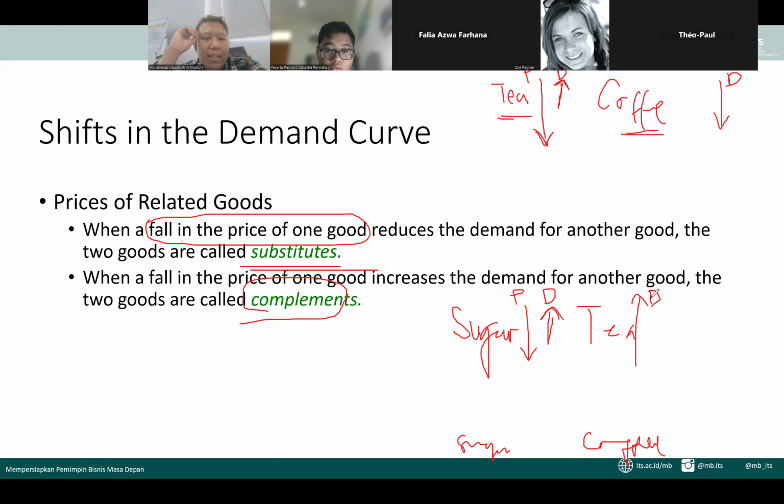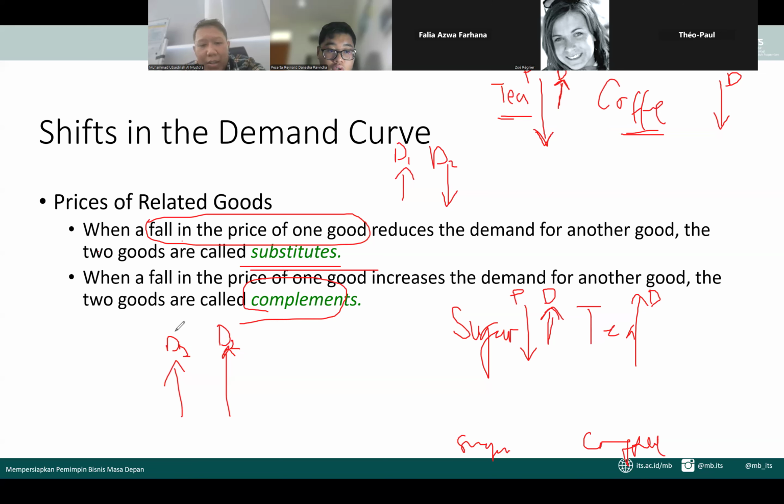So for substitutes, an increase in demand for one product will reduce the demand for product two. But for complements, an increase in demand for a complement will also increase the demand for its complementer.